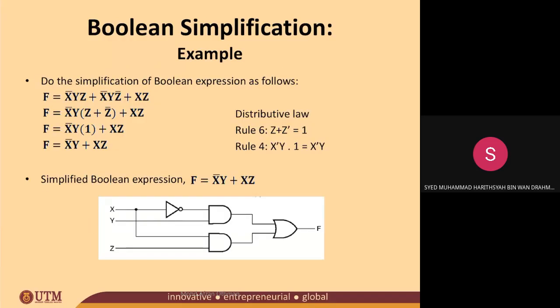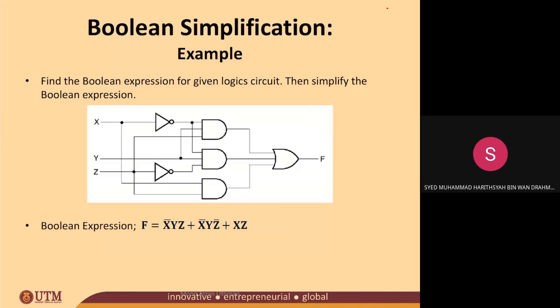So another example here, before we end our class. Okay, find the Boolean expression for the given logic circuit, then simplify the Boolean expression. Okay, so this time it only gives the circuit diagram.